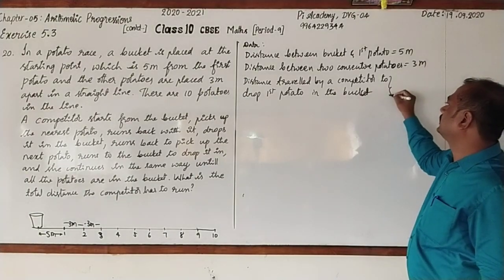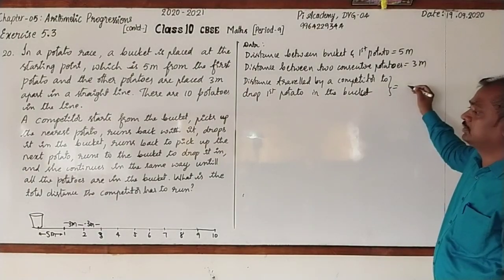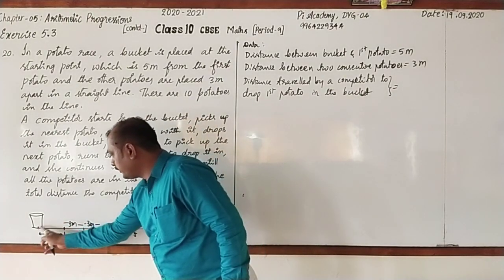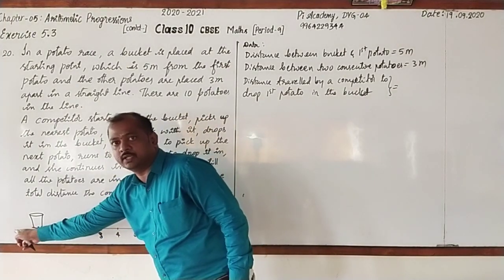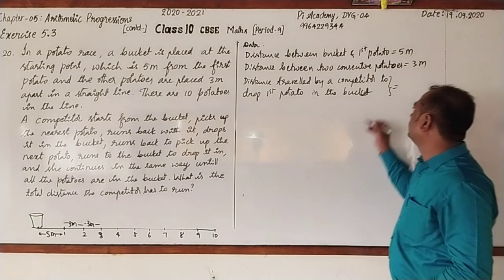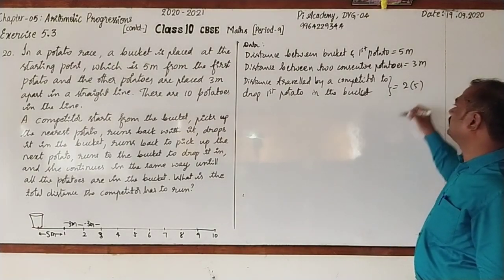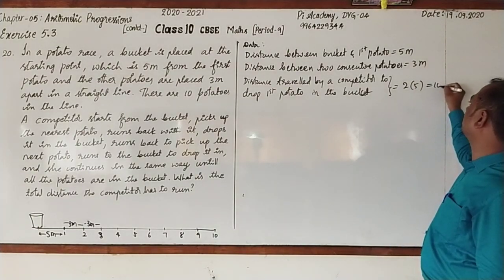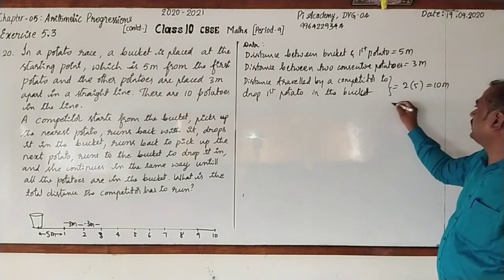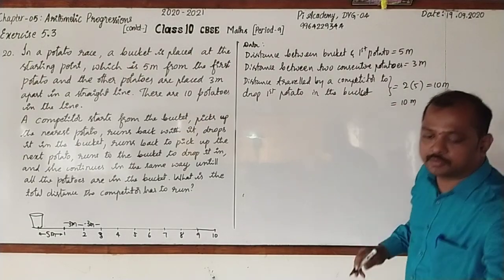How much? It is equal to 5 meter plus 5 meter. So total 10 meter. So 2 times he has to cover 5 meter, which is equal to 10 meter. Hope that you have understood. Here I'll write 10 meter.